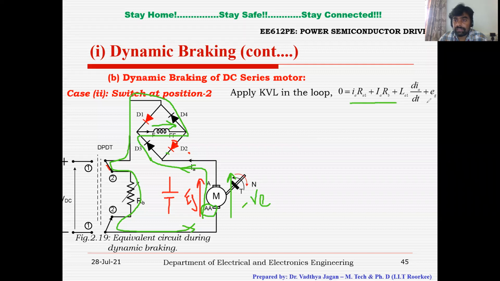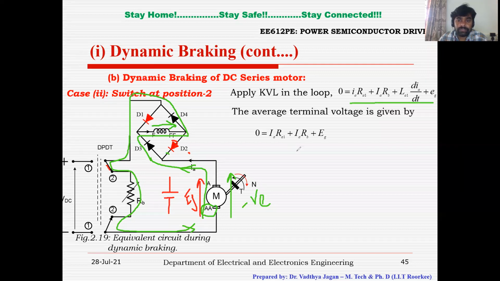This will be the expression for KVL, and the average output voltage will be something like this. From this I can write the armature current I equal to minus Eg divided by (RA plus RB). You can see RB is the external resistance which is inserted here. Due to this negative voltage, the armature current will be negative.